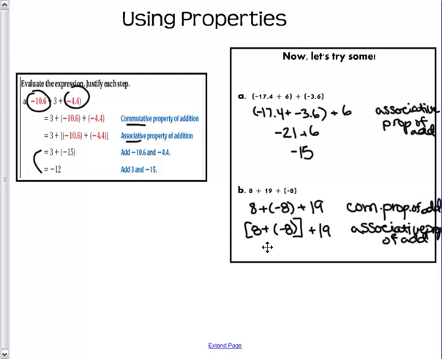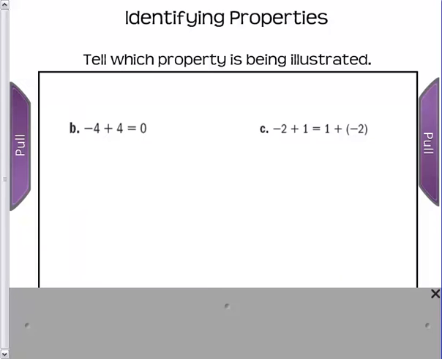Okay, so when I add these together, I get 0. And 0 plus 19 is going to be the identity property. Why? Because I'm adding nothing to 19 and it remains itself. So this is the identity property. And again, of addition is important. Make sure you put that down. Okay, go ahead and try these two.